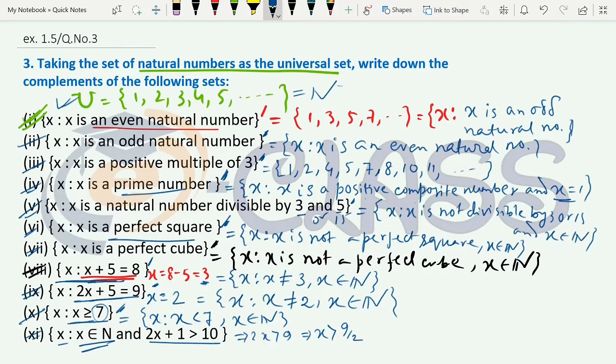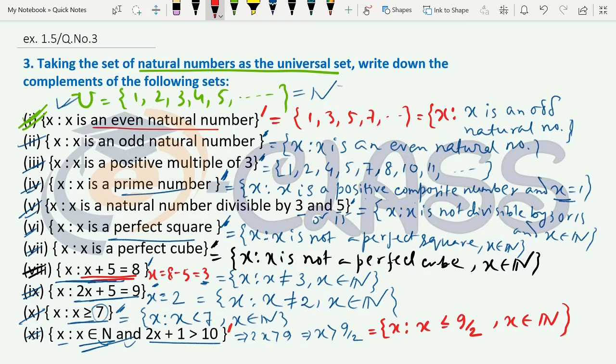So this set contains those natural numbers which are greater than 9 by 2. So the complement of this set equals x such that x is less than or equal to 9 by 2 and x belongs to the set of natural numbers.